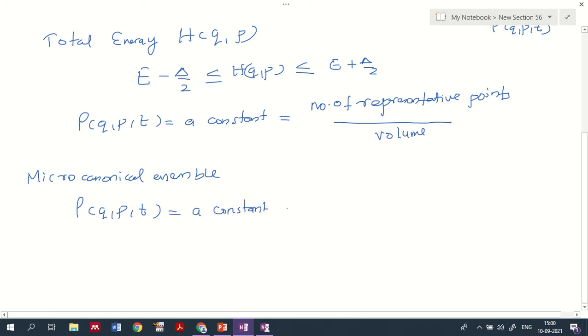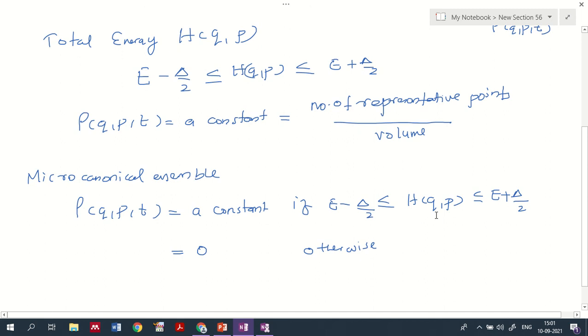It will be a constant if E minus delta by 2 is less than or equal to the Hamiltonian H(q,p), which is less than or equal to E plus delta by 2. So whenever the total energy Hamiltonian H(q,p) is in between E minus delta by 2 and E plus delta by 2, your density will be constant. Otherwise, the density will be 0.